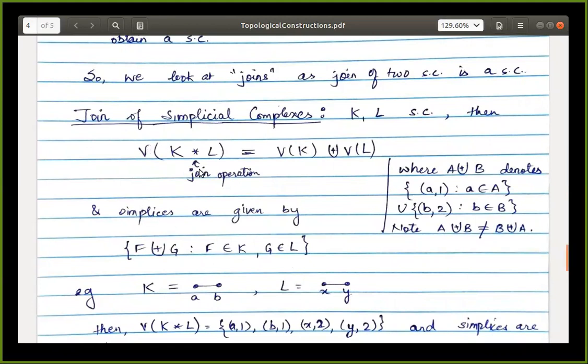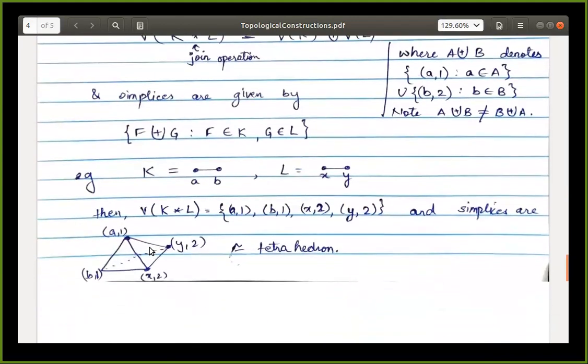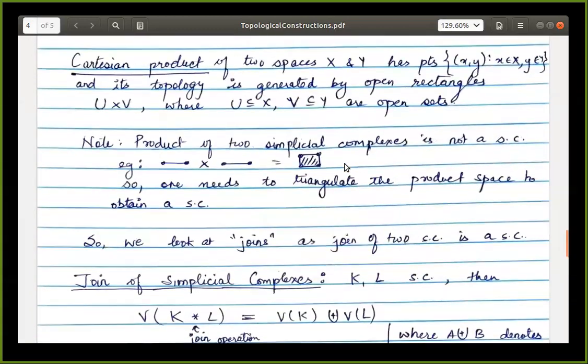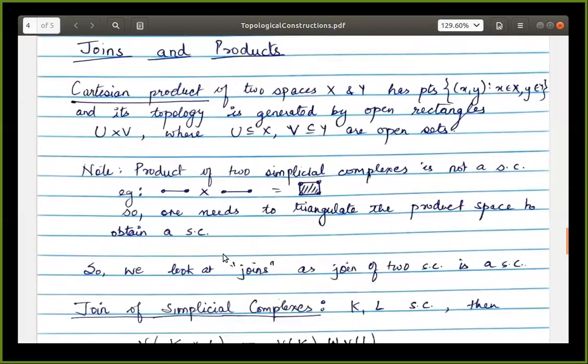And in this collection, a subset is going to form a simplex if the respective parts are coming from K and L. So F ordered disjoint G is going to form a simplex if F is in K and G is in L. For example, let's say K is one simplex AB and L is one simplex XY; we are just trying to contrast it with what we took here.